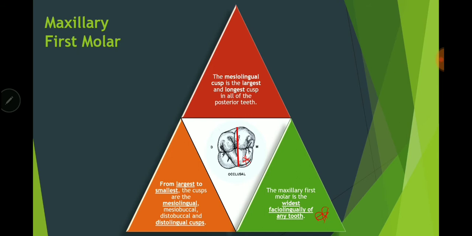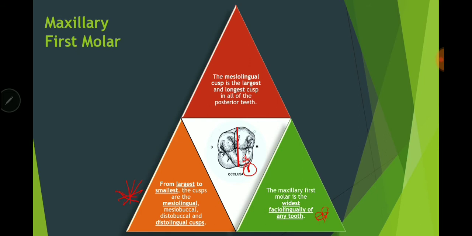So from the largest to smallest, the cusps are the mesiolingual, the distolingual, the mesiobuccal, the distobuccal. You have to know which one is the smallest. You have to number them from the smallest to largest and from the largest to smallest. Okay? So the largest one is going to be this one, and the second largest one is going to be the mesiobuccal.